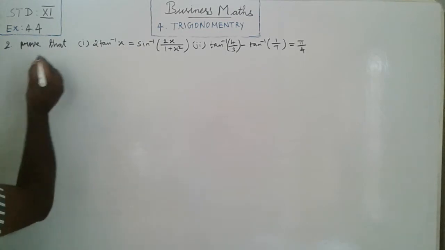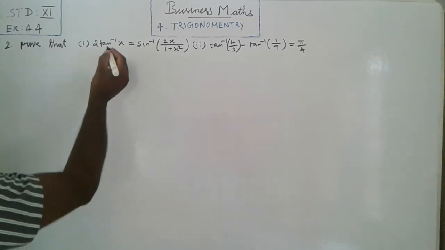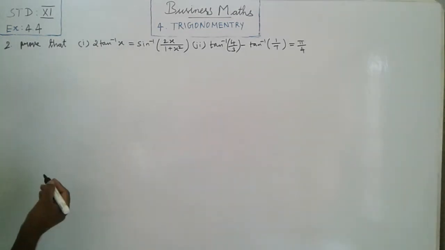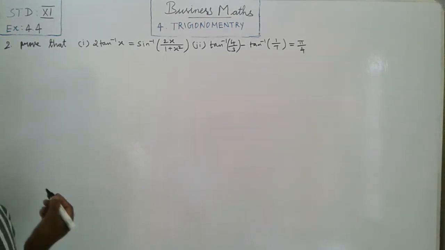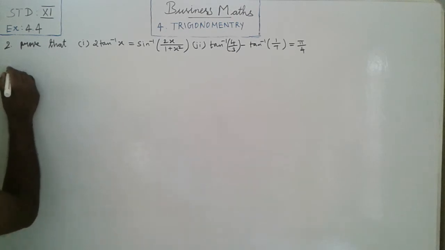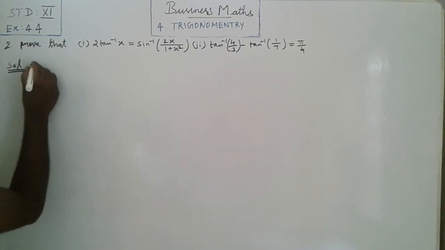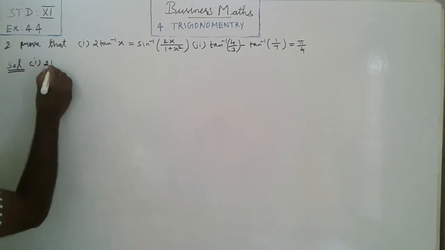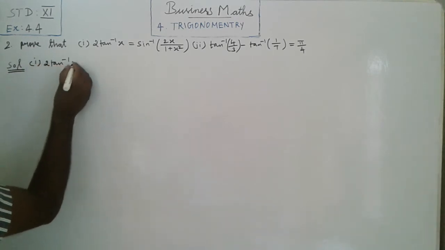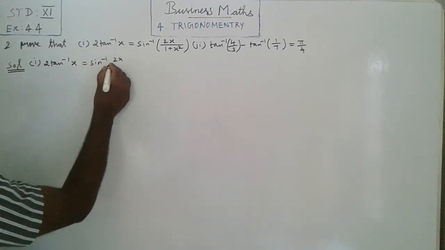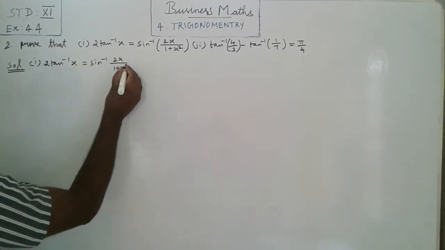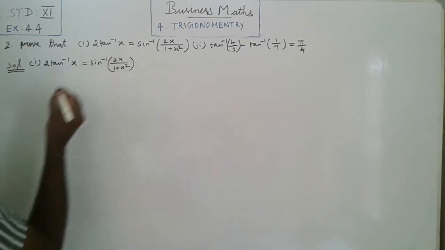Second sum, prove that 2 tan inverse x equal to sine inverse of 2x divided by 1 plus x square. We have to prove the first one.